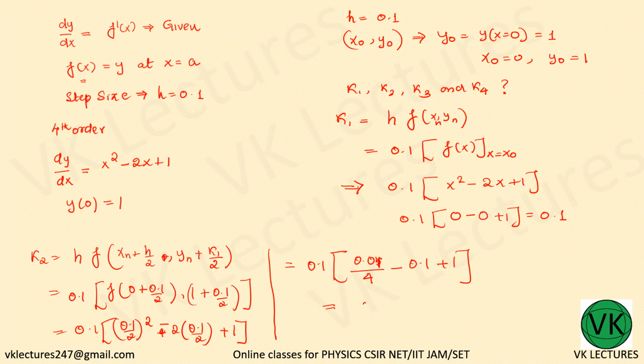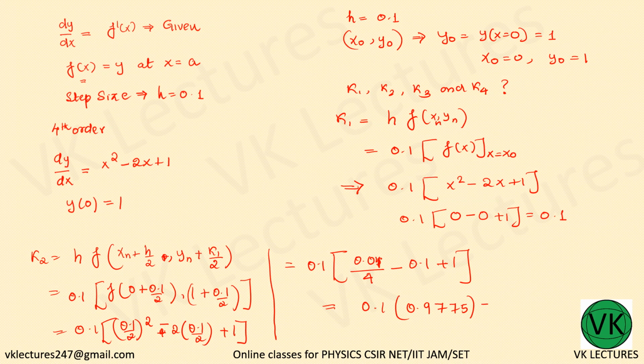So that will be equal to 0.1 into, 1 minus 0.1 is 0.9, and 0.01 divided by 4 is 0.0025, so it would be 0.9025.